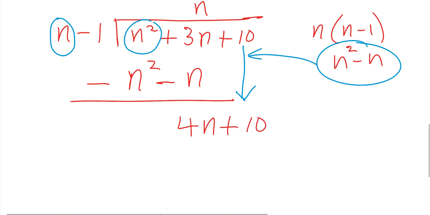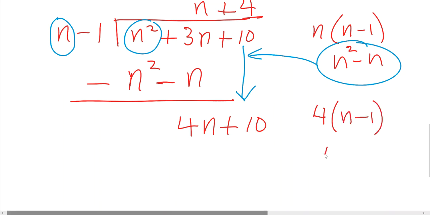And then we ask the same thing again. How many times does n go into 4n? Well, it goes 4 times, doesn't it? Because n times 4 is 4n. So we go ahead and we write now plus 4. And then we take 4 and we multiply by n minus 1.